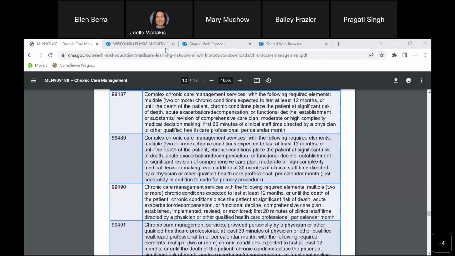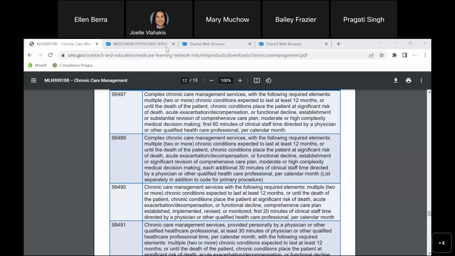Other policies may also affect who may report specific services. So just that answer to that question and providing that information for you. It is available in the link that I posted in the chat.